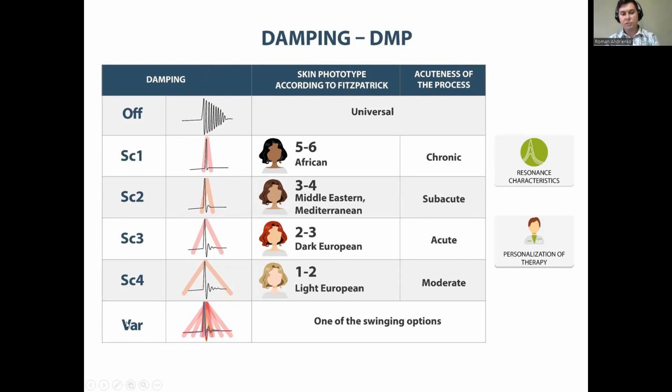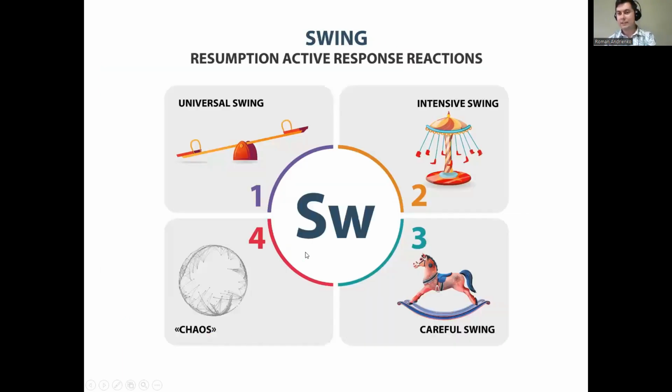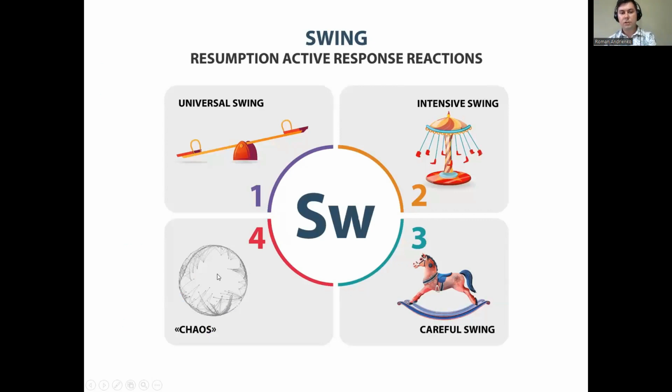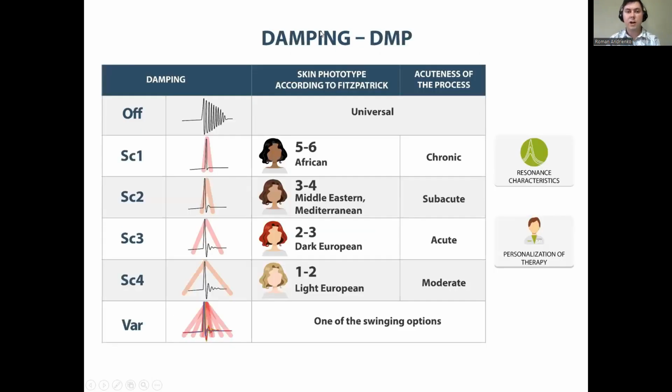And this is also something that automatically turns on, guess when? Right, when we switch on the swing for chaos. And what is interesting is that if you don't want damping VAR in your treatment, when you switch on swing 4, you can go there and manually switch it off after that.